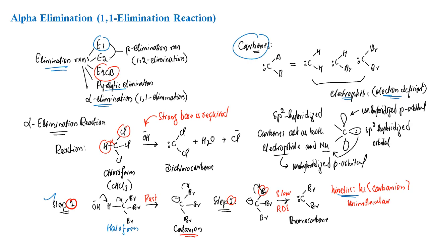Its structure is sp2 hybridized in character. We have an unhybridized p orbital which lies above and below the plane. This p orbital is vacant, due to which it acts as an electrophile, and also we have a pair of electrons in one of the sp2 hybridized orbitals, which makes the structure act like a nucleophile.